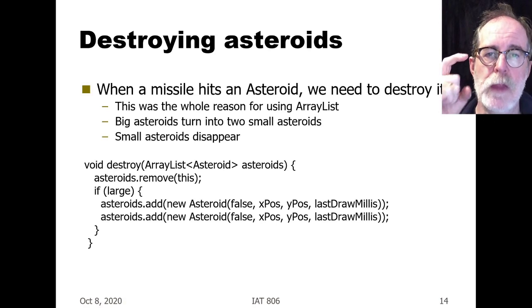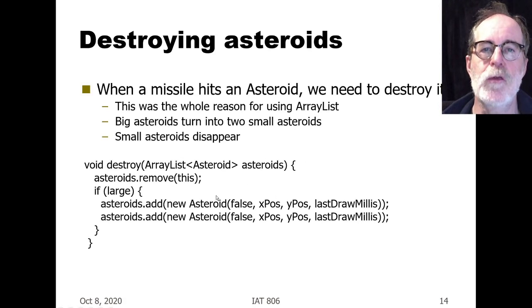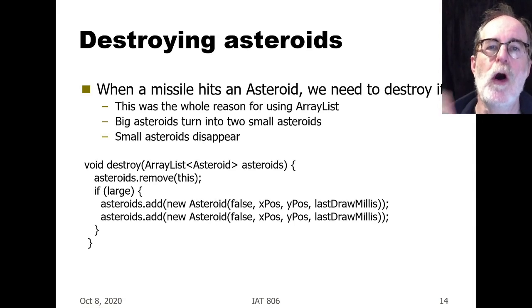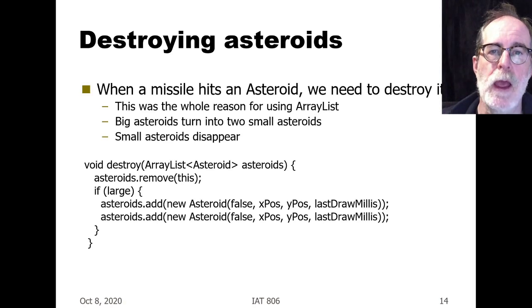Now, the reason why we're doing this is because what this method does is it adjusts the contents of the container. And this method is called on the asteroid that we want to destroy. So we've seen a collision, and then if this asteroid has collided with a missile, we will call this asteroid.destroy, and we'll pass the container to say, take it out of this list that it lives in.